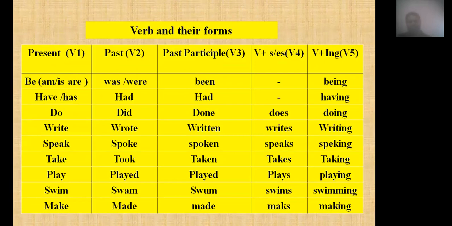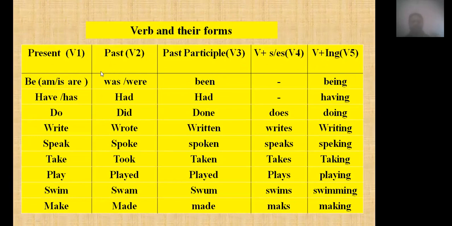Actually, in English grammar, there are a total of 5 forms of verbs. They are verb present, verb past, verb past participle, verb plus s or es, and verb plus ing.